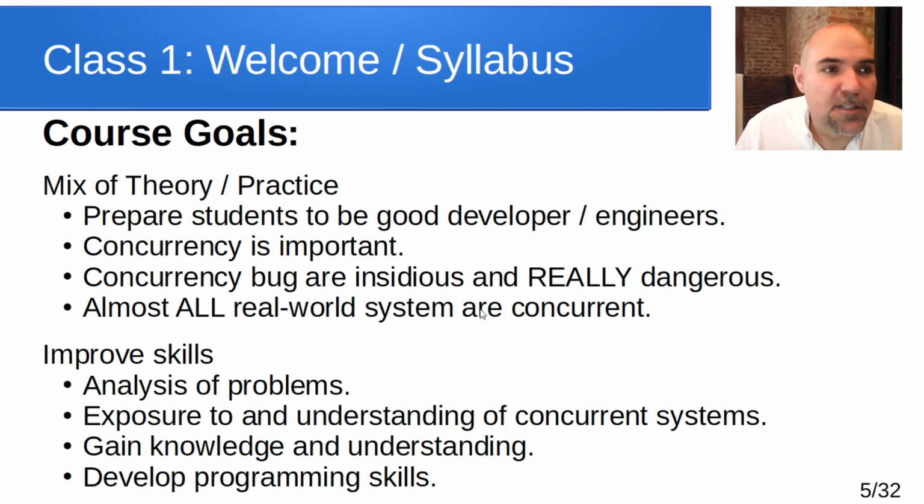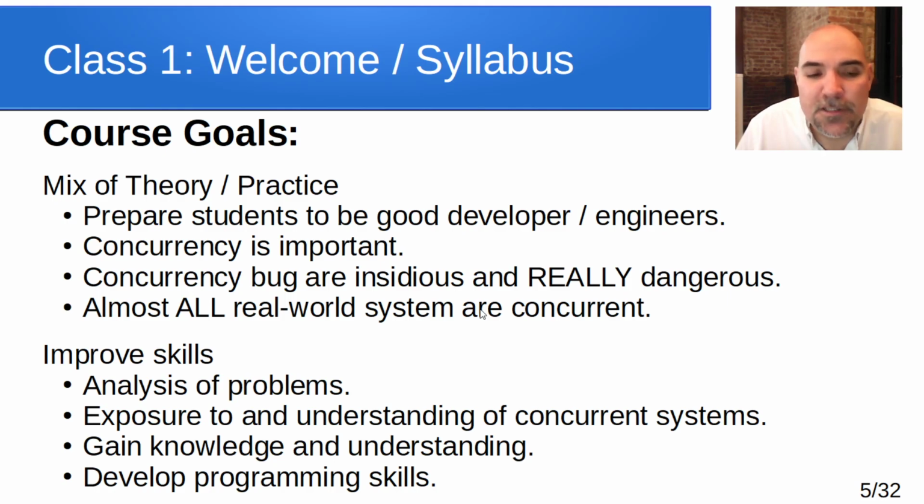And concurrency, even though maybe you haven't heard of it or maybe don't know a whole lot about it, is a really important thing to be a good developer and a good engineer, is to have a good working understanding of concurrency. And the reason for that is concurrency bugs are insidious and they're really dangerous. And we'll see some examples of that here later on today. And almost all real world systems have some sort of concurrent aspect to them.